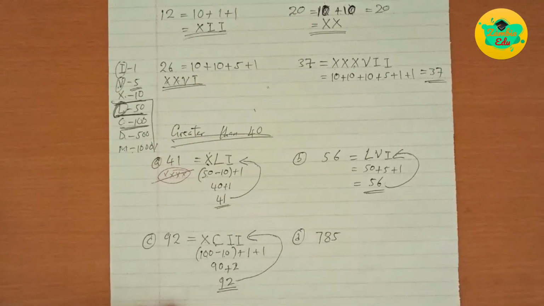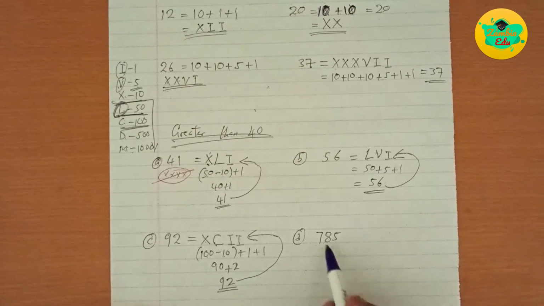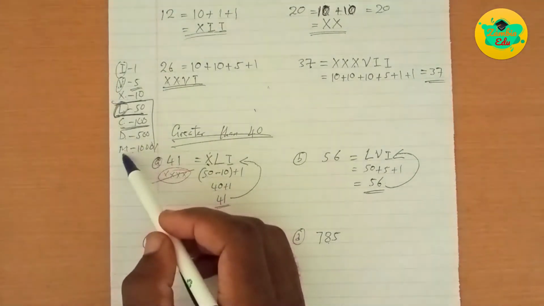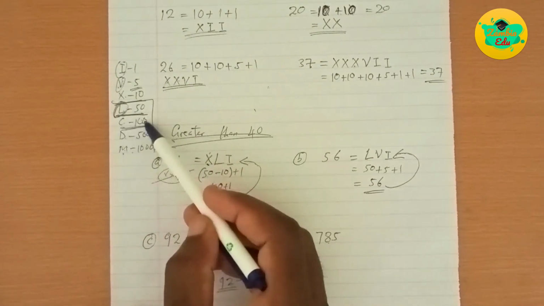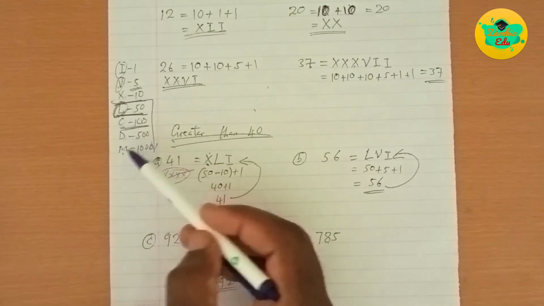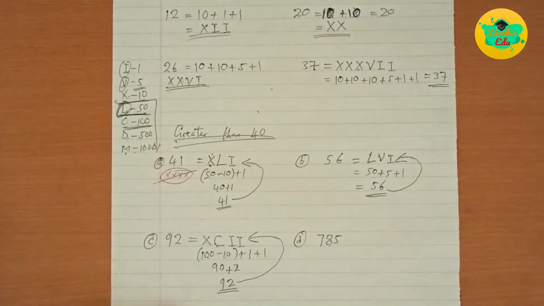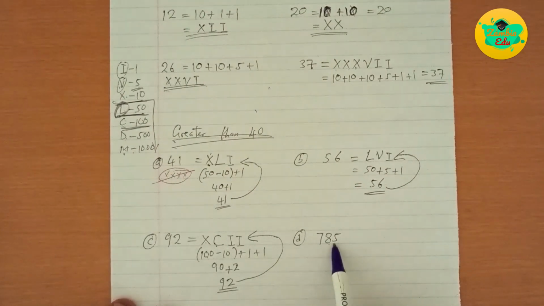What about 785? How do you write it in Roman numerals? Let's take a look at what we have here also. Now we have C being 100, D being 500, and M being 1000. So what Roman symbols can we use to come up with 785?